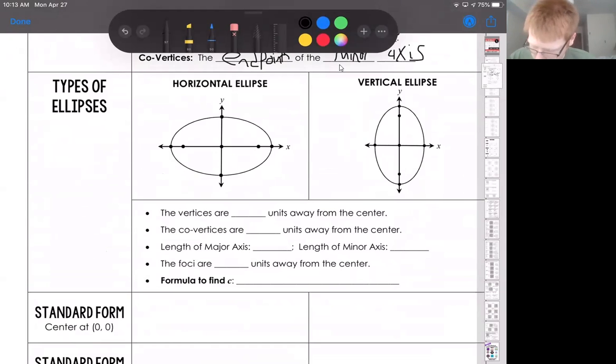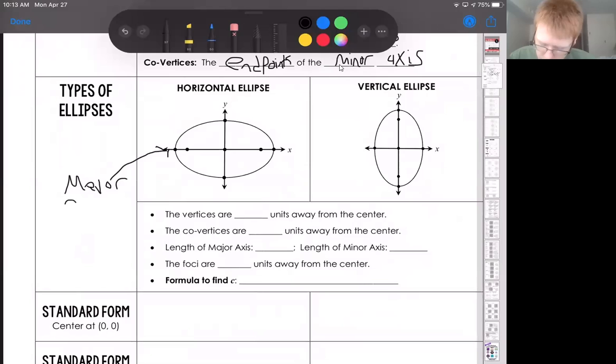So this long line here would be the major axis, that goes horizontally, like the diameter, but we don't call it a diameter because it's an ellipse, not a circle. So it's truly not a diameter. This line going up and down is our minor axis because it's shorter. We'll see it's reversed in the next example.